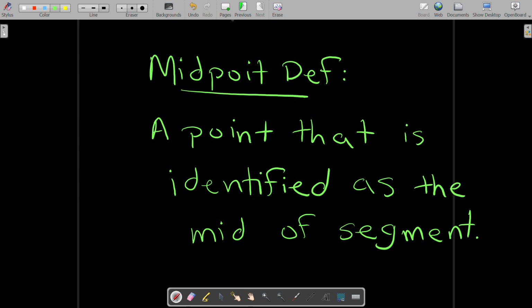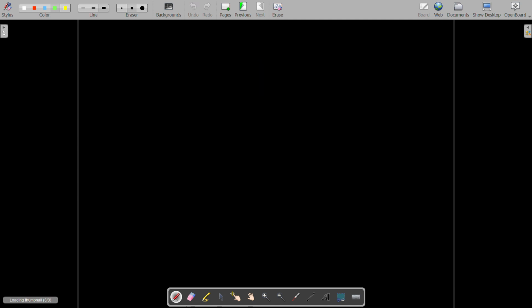Now, using this knowledge of the definition of a midpoint, we can derive the midpoint formula.